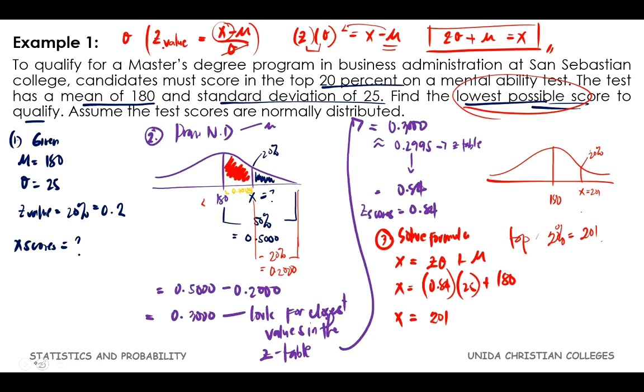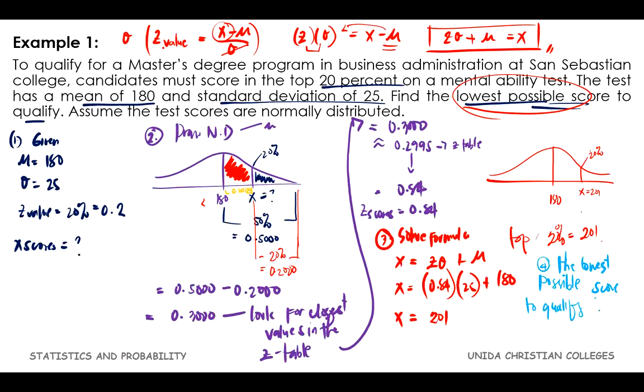So, our last part is our conclusion. Okay? So, the lowest possible score to qualify is 201 scores. Now, the lowest possible scores to qualify, so i-replace lang natin.